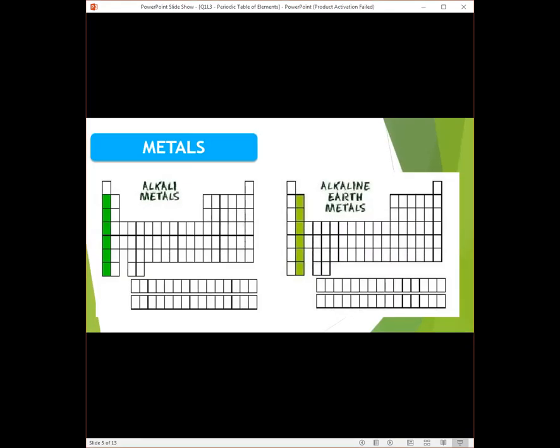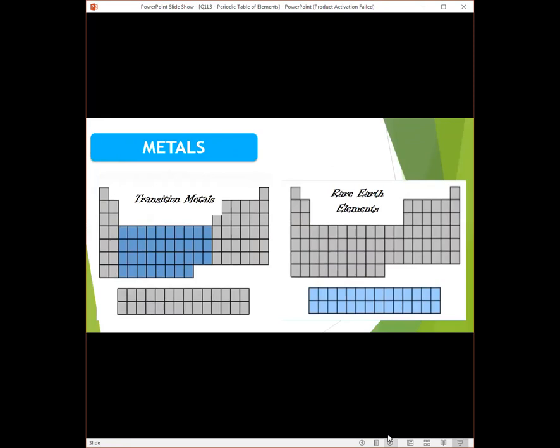Metals can be classified into the following families. So we have alkali metals. We could find them under group 1. Alkaline earth metals, they are found in group 2. We also have transition metals. They are from group 3 to group 12.